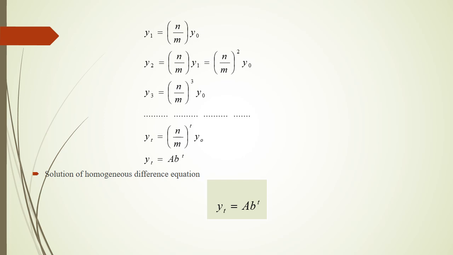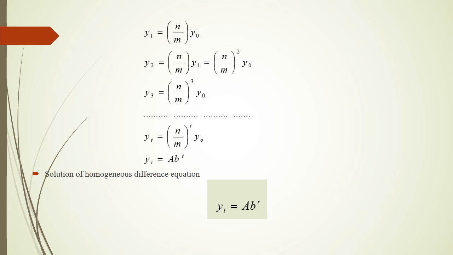Similarly for y3, in this way we can go up to yt equal to n by m to the power t y0. Now one extra line I have added, that is yt equal to A b to the power t. Here we have replaced y0, the current value, by an arbitrary value A, and n by m is replaced by b, nothing else, just to represent it in a simplified manner.